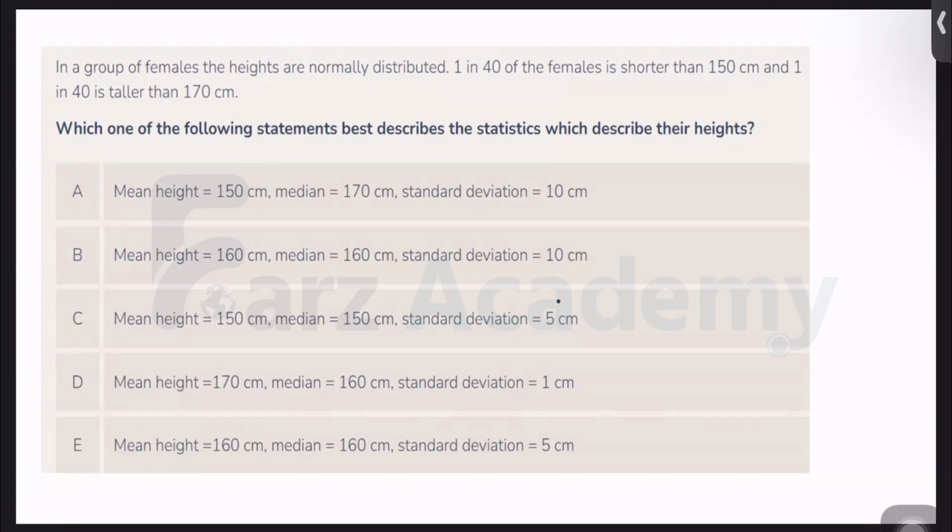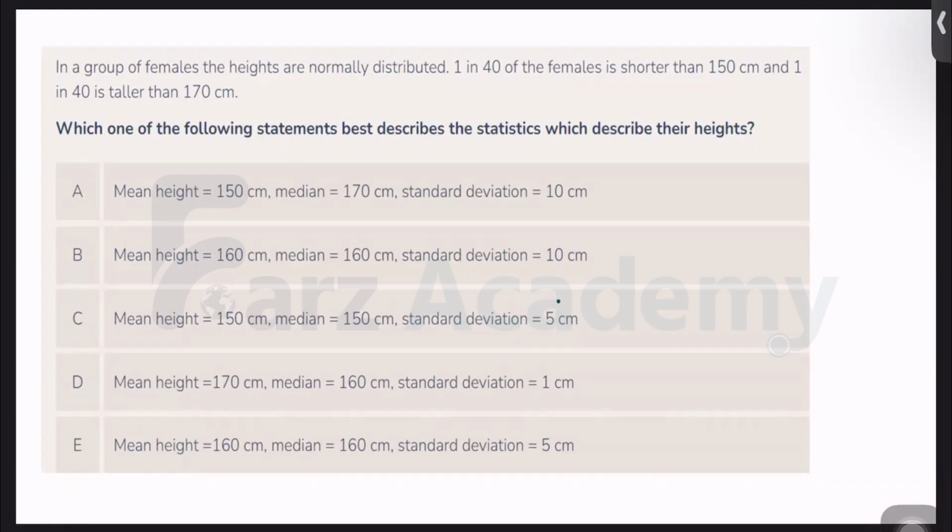So the average of the two extreme values is the mean, that is 160, and it is the 95% limit. From the mean to the extreme value is two standard deviations. That is 170 minus 160 equal to 10. So the standard deviation will be 10 by 2, it is 5.